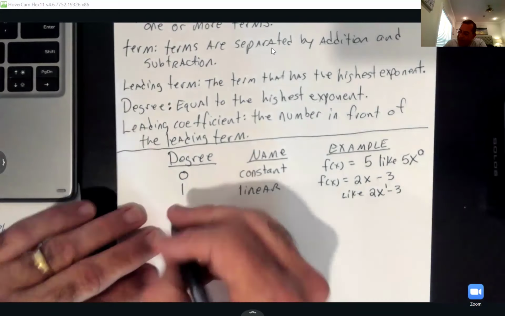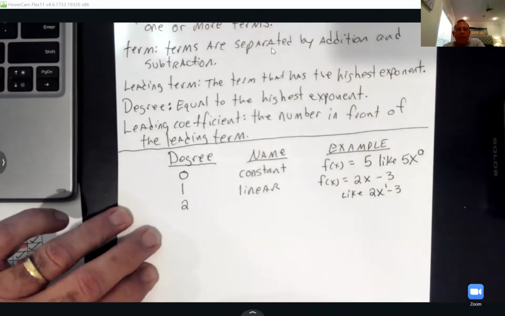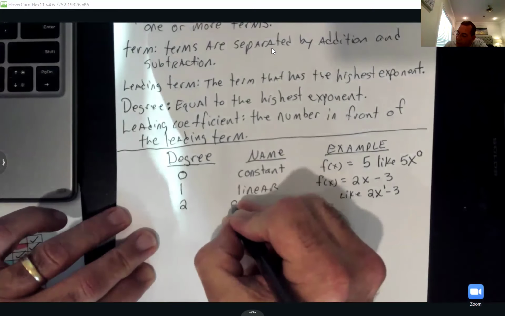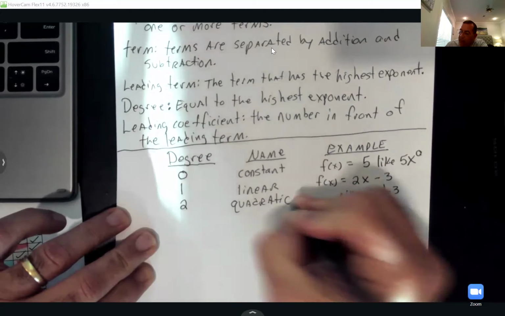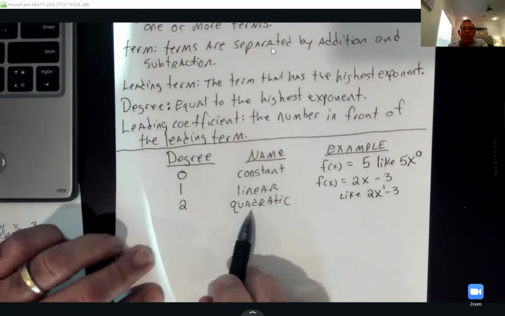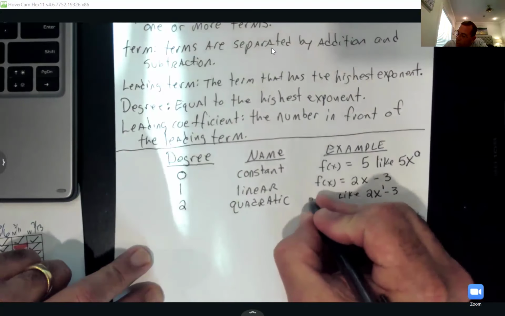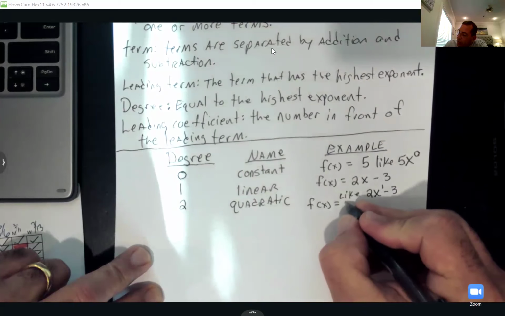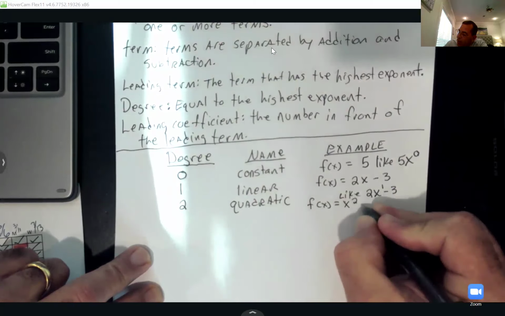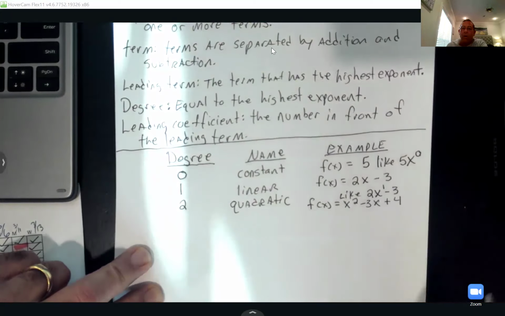All right, what's next is a degree 2. Well, we've been playing with the degree 2s. Those are quadratic, right? We've been doing the quadratic formula. And if you remember, those are in the form of f of x equals x squared minus 3x plus 4.